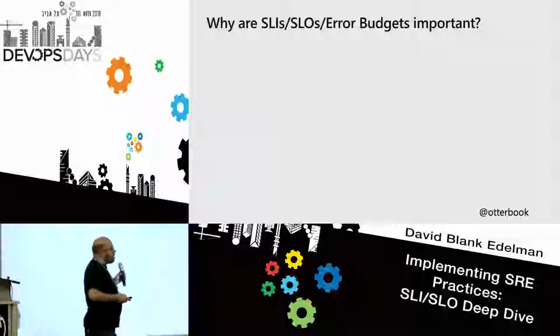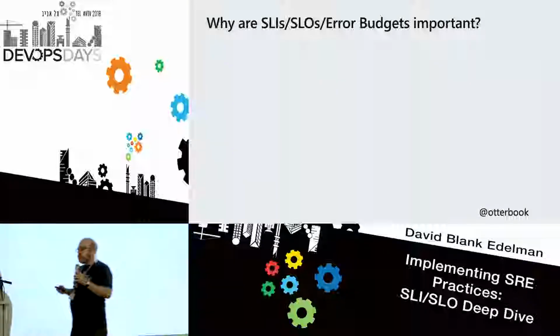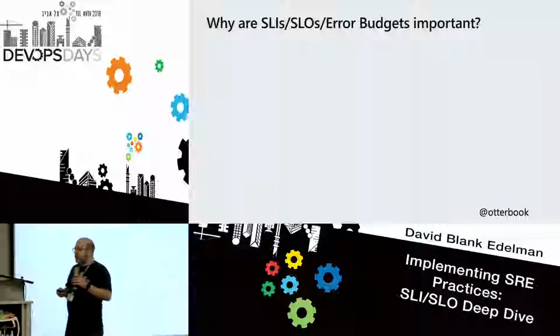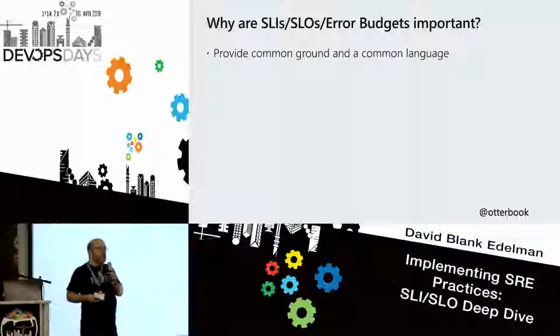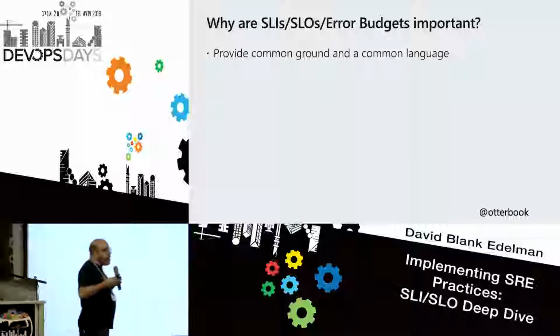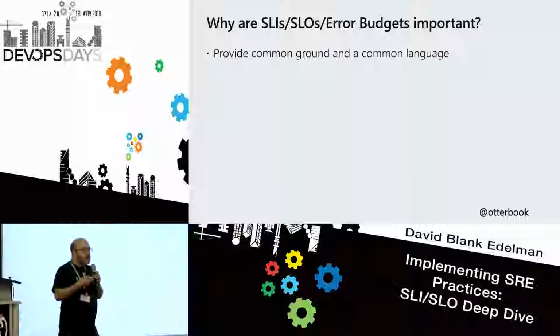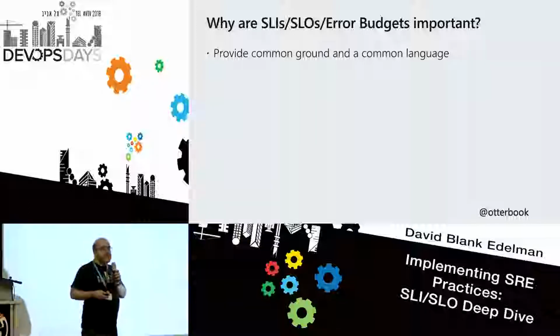Okay, so why are these things important? What is the use of what we're going to learn today? How is this helpful to you? So the first important thing to understand about SLIs and SLOs, service level indicators and service level objectives, is they provide a common ground and a common language so that everybody in the company, everybody in the organization can speak the same language.